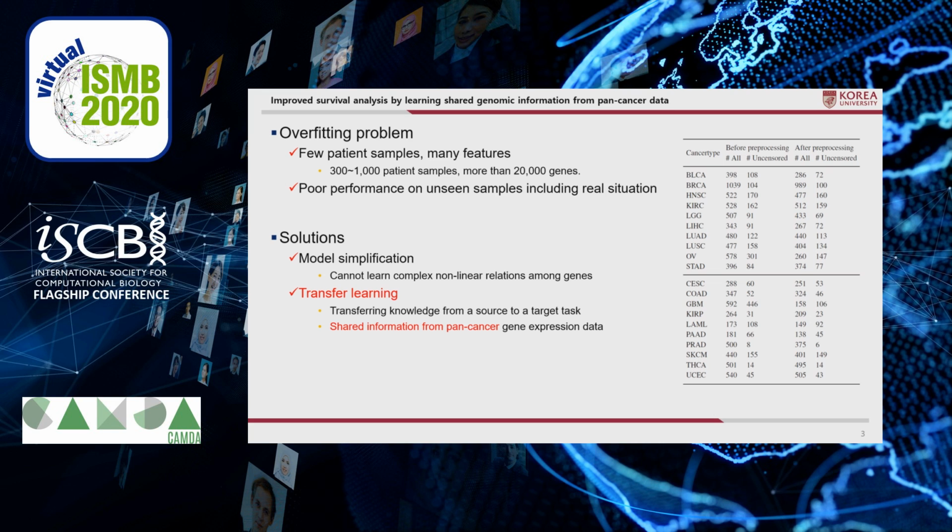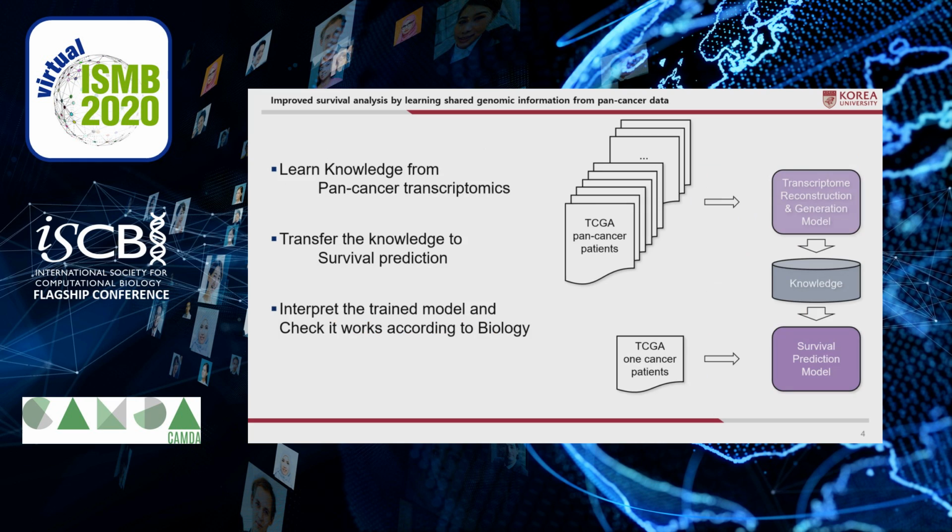In this task, the transferred knowledge, I assumed, is shared information from gene expressions of heterogeneous cancer type samples. First, I trained the variational autoencoder model using gene expression data of TCGA pan-cancer patients.